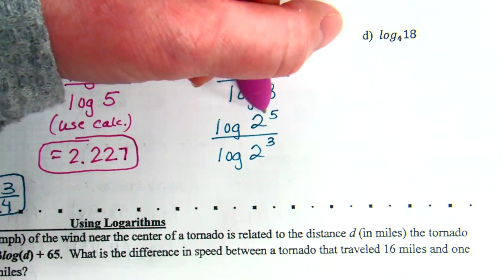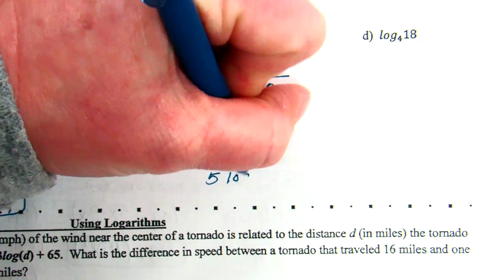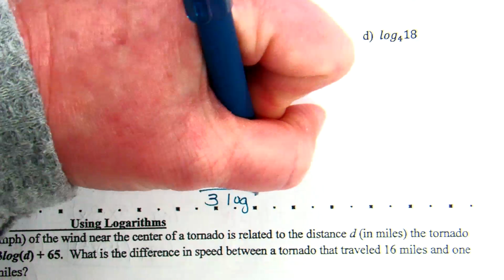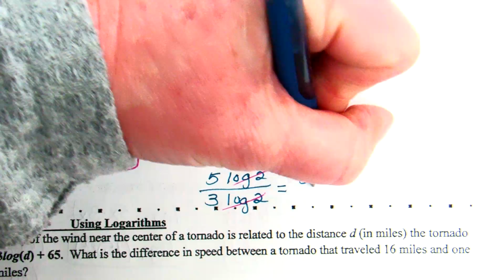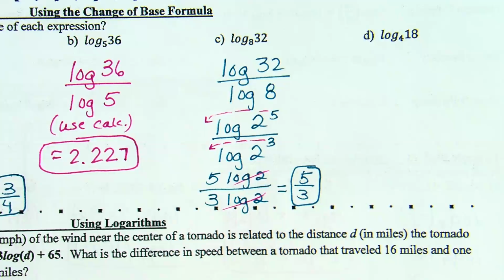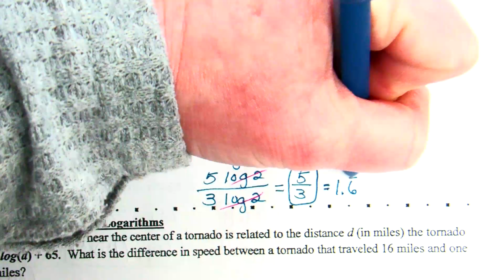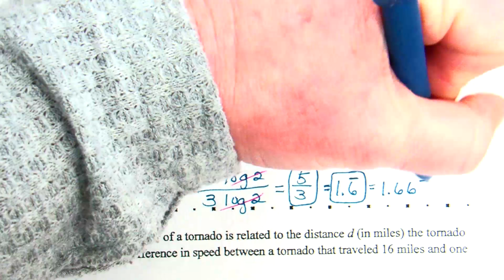Log 2's cancel, and you're left with 5 over 3, which is equivalent to the decimal 1.6 repeating, which if you give 3 decimal places is 1.667 once you round it. So if you did this on your calculator, you saw 1.6 repeating, which is equivalent to 5/3. Now, you'd have to be careful because if they required a fraction, you'd have to give the 5/3. Or it is equivalent to 1 2/3.